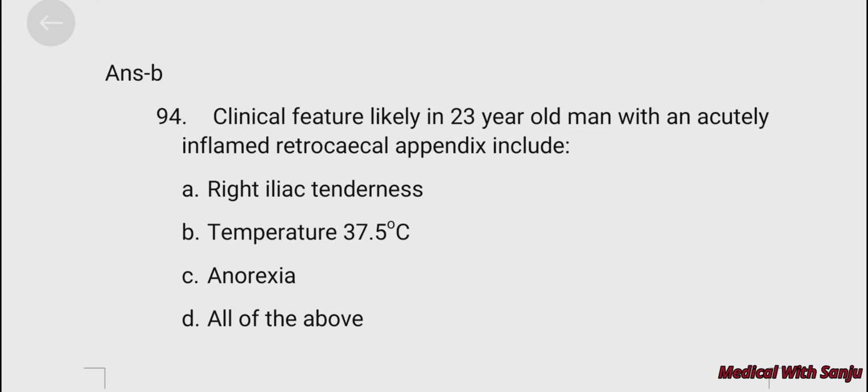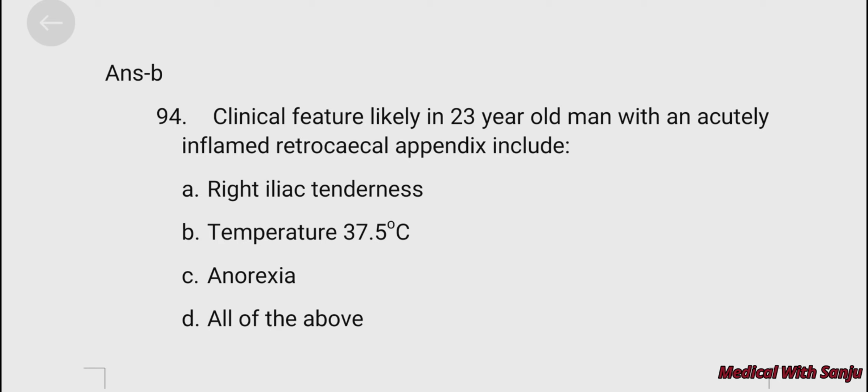Question number 94. Clinical features likely in a 23-year-old man with an acutely inflamed retrocecal appendix include option A right iliac tenderness, option B temperature 37.5 degrees Celsius, option C anorexia and option D all of above.